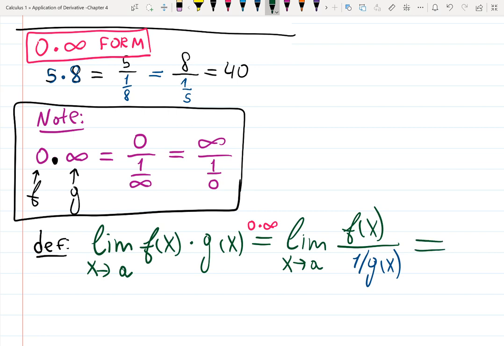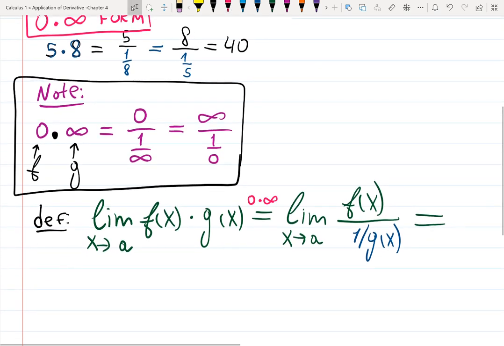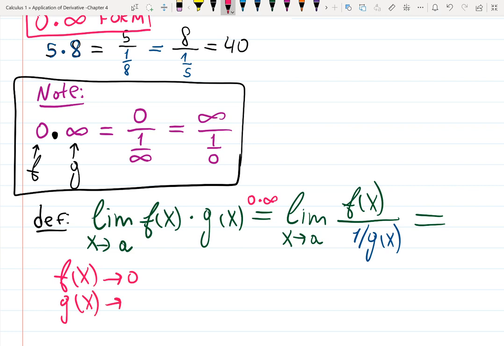What case is this going to be? Let's see, f of x. We agree that f of x is the one that shrinks to 0, and g of x is the one that goes to infinity. We just agree on this, just a choice, it doesn't really matter.